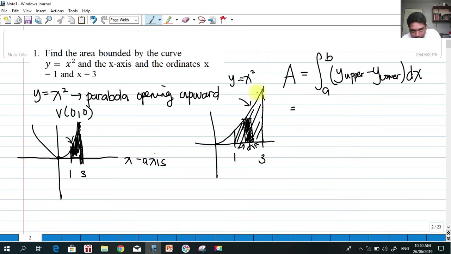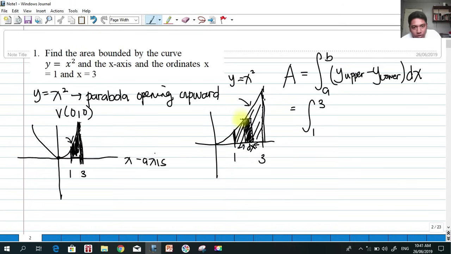As you can see, if our method is vertical strip, that means dx, so our limits must be on the x. The limit to get the area bounded by this parabola and from the ordinates 1 to 3, meaning that should be our limit from 1 to 3. And what is this y upper and y lower?